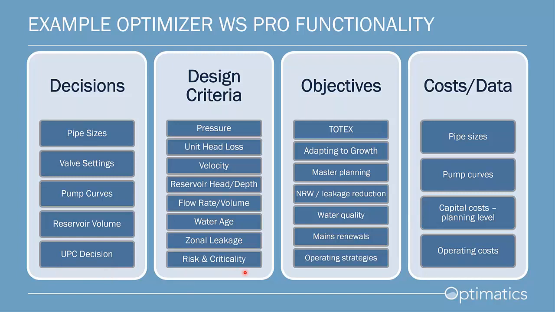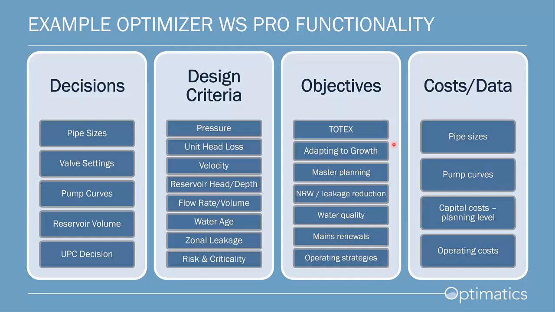In terms of the design criteria, these relate to the hydraulic outputs of WS Pro. So we're looking at pressure, velocities, reservoir levels. We can also look at things like water age or leakage. So this is any result from the model that you want to check.